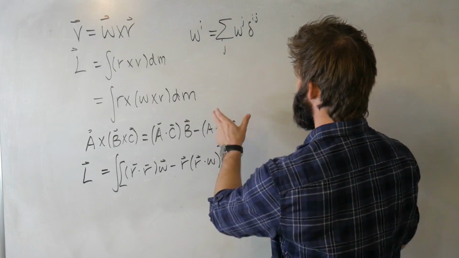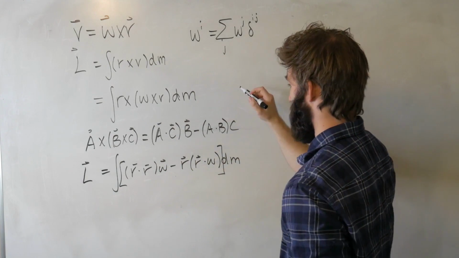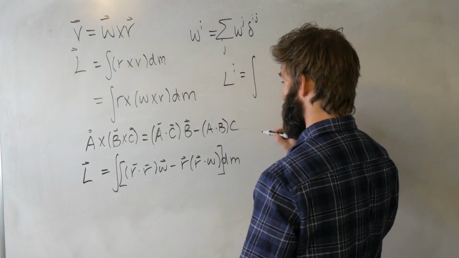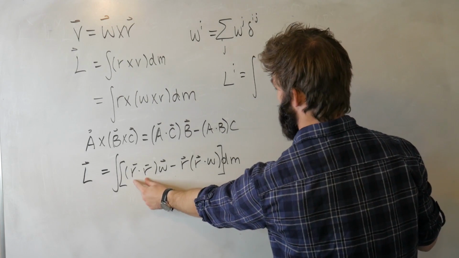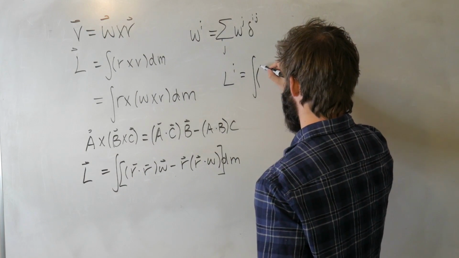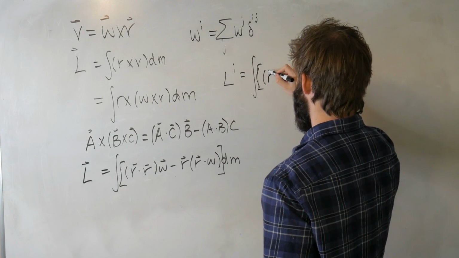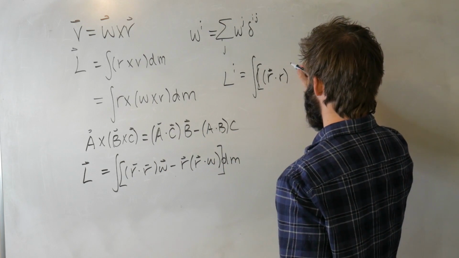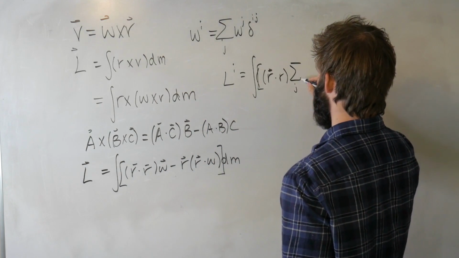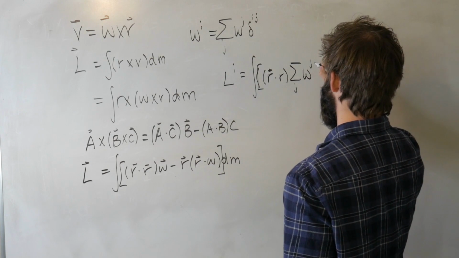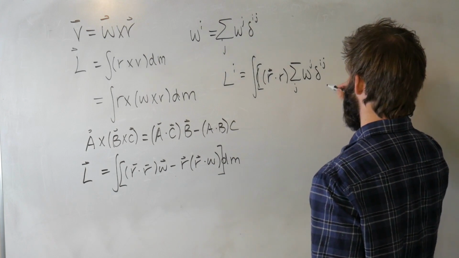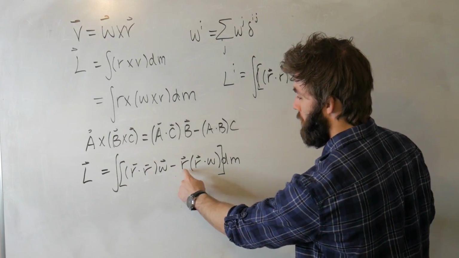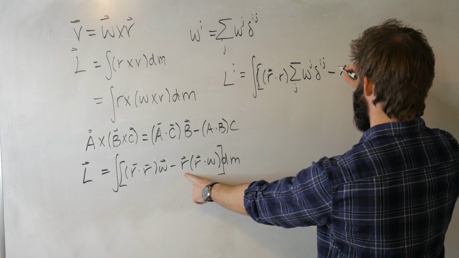So we can substitute this in, okay, and we get that the ith component of the angular momentum is equal to the integral of, well, let's keep it as r dot r. We have r dot r times the ith component of this, so that's going to be the sum over j of omega j delta ij, minus, well, we're looking at the ith component of this position vector, so we're going to write this as xi.